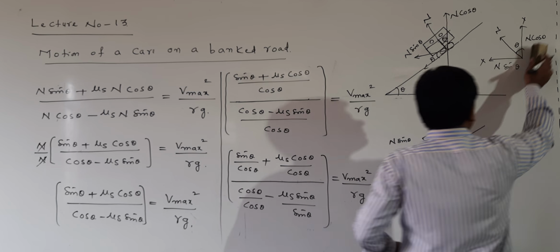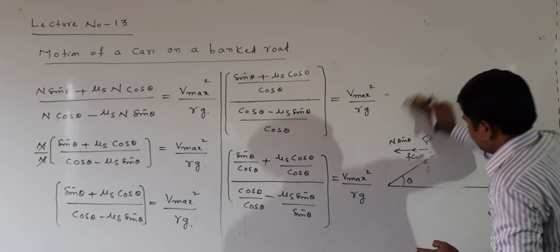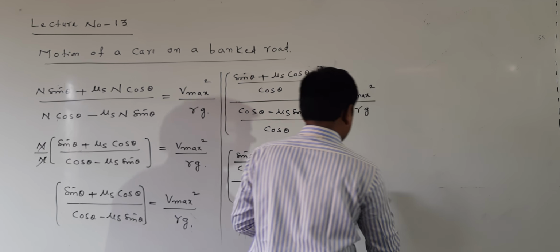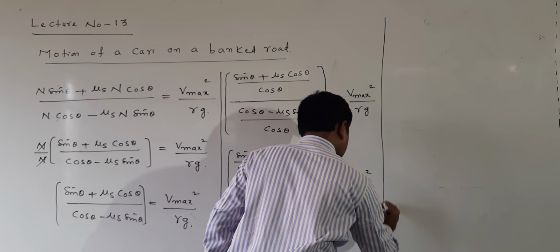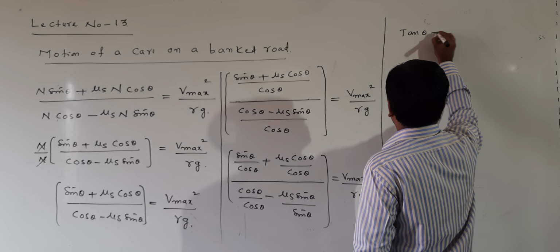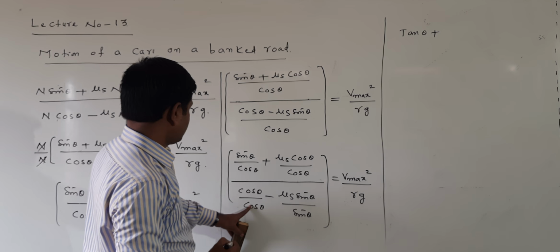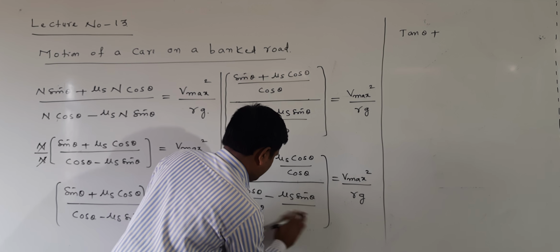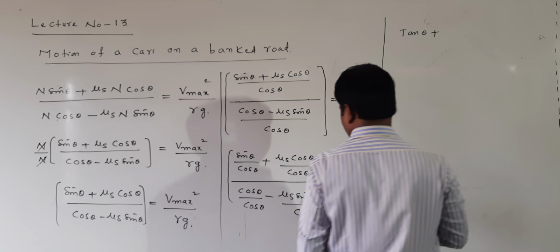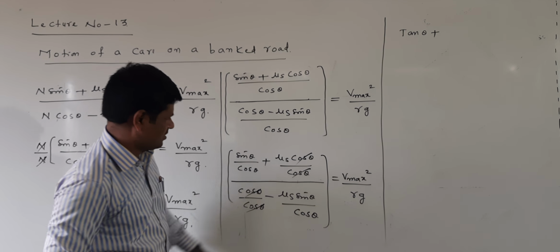Now I am removing this diagram. Next, sin theta by cos theta, we know that, is tan theta, plus cos theta by cos theta, where cos theta cancels.